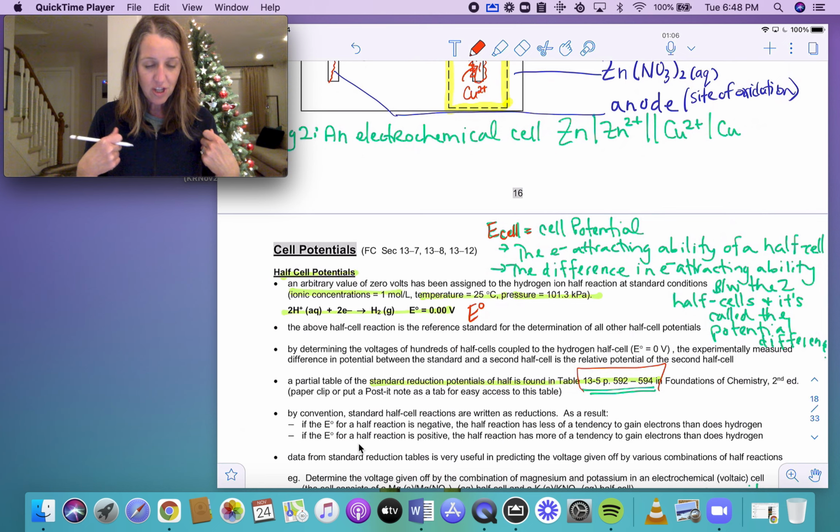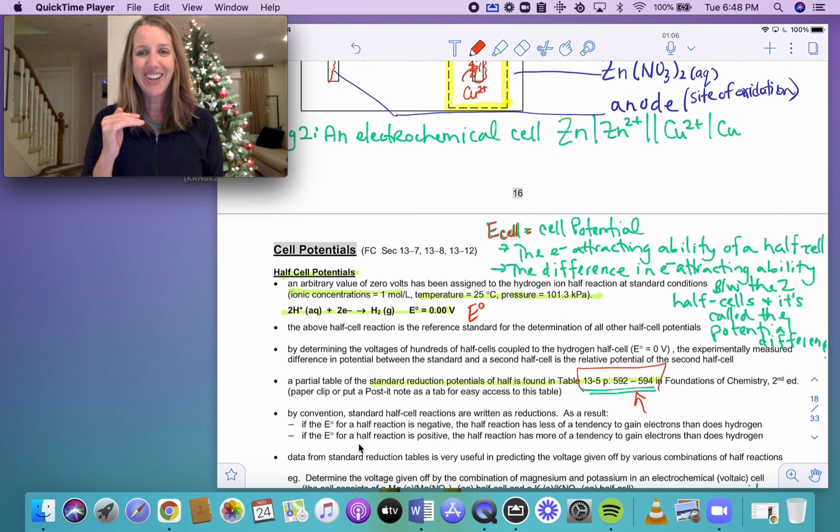So what is the potential of the half cell? We're looking at reduction potentials. This is the table that you're going to be looking at in the textbook. And then I want you to find hydrogen on that list. An arbitrary value of 0 volts has been assigned to hydrogen, the hydrogen ion half reaction at standard conditions.